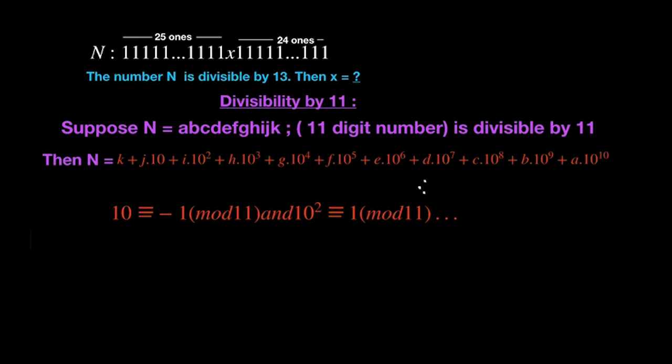So we can take -1 as the remainder. So 10 is congruent to -1 modulo 11, and 10 square will give the remainder (-1) square, that is 1 modulo 11.